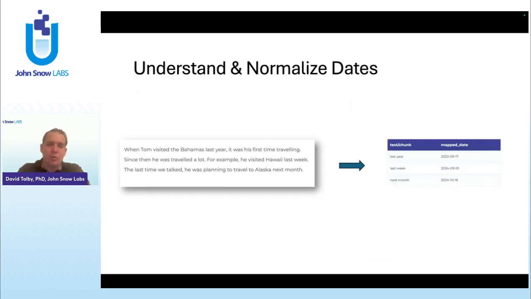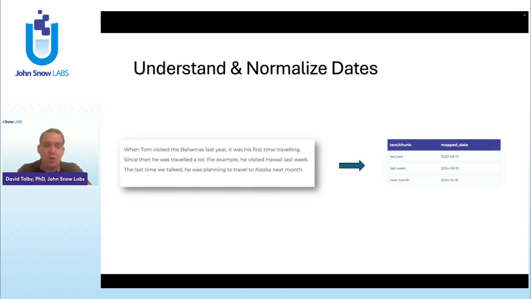The third important component relates to dates, because as I mentioned before, the temporal aspect of queries is very important. The whole point is to build the whole patient timeline. So when we have text, we need to be able to look at something that says, for example, when Tom visited the Bahamas last year, something happened. So we need to understand the term last year, and we need to map it to an exact date.